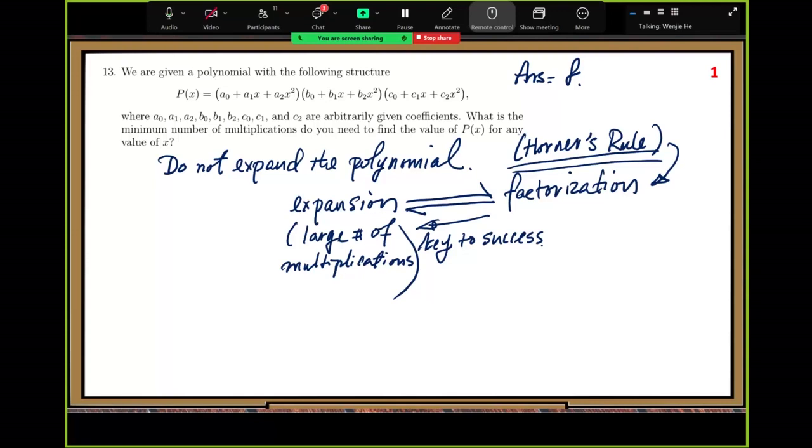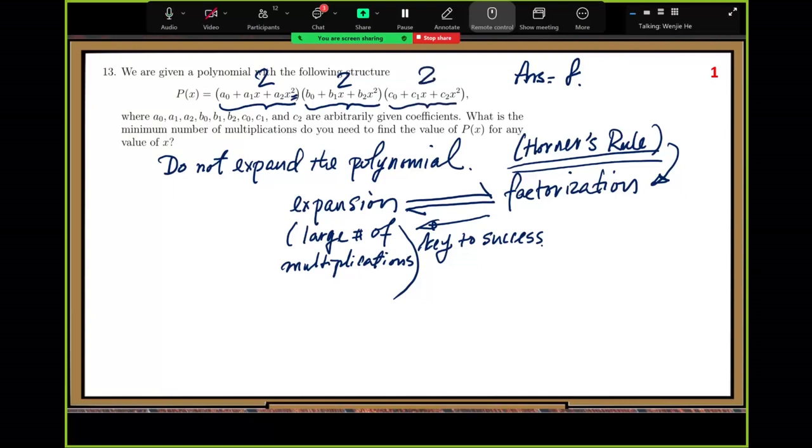So next, without using the expansion, let's calculate each one. The first one, by Horner's rule, the number of multiplications is the degree number, so 2 multiplications. For the second one, Horner's rule, 2 multiplications. The third one, still Horner's rule, 2 multiplications.